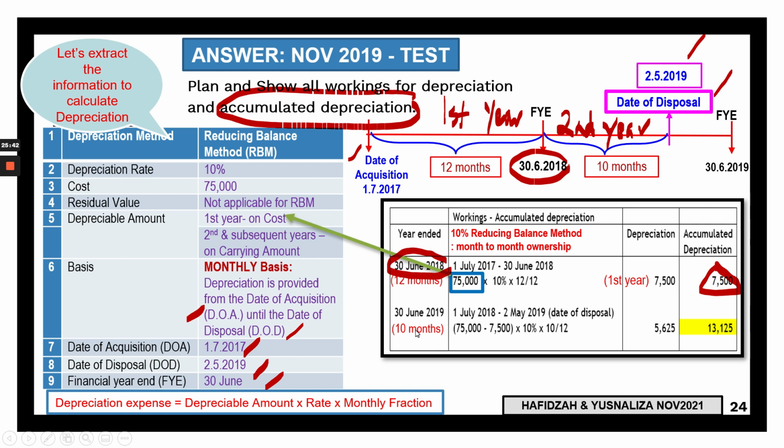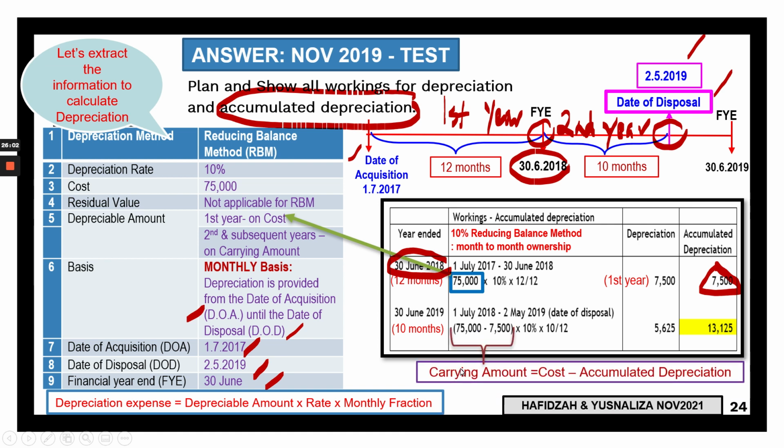For the second year, depreciation will be provided only for 10 months, from 1st of July up until 2nd of May 2019. And what you will provide is based on the carrying amount, because this is the second and subsequent years, and this is reducing balance method, so it will be cost minus accumulated depreciation. The cost is this, the accumulated depreciation is 7,500.